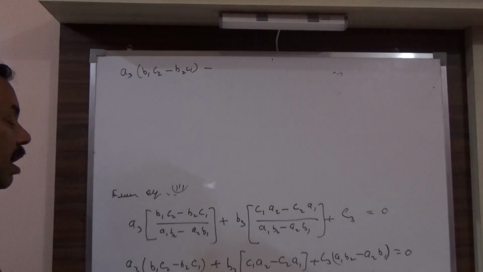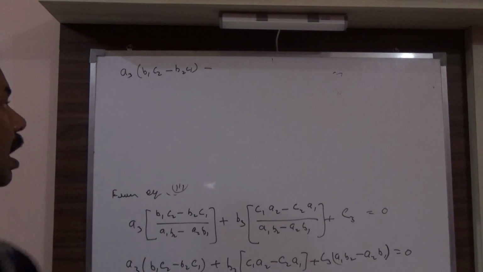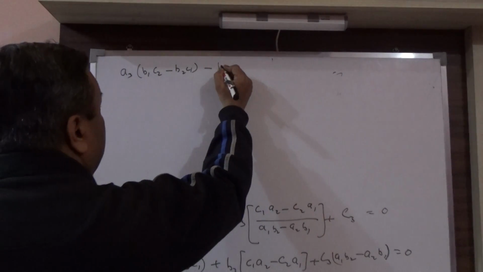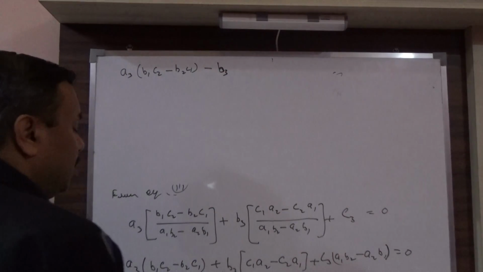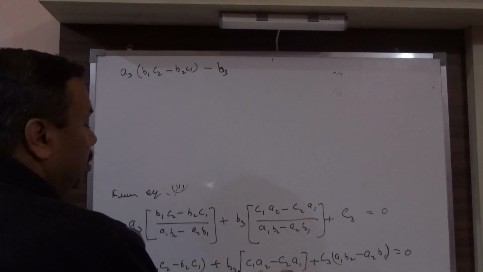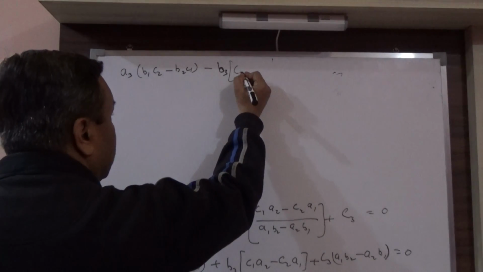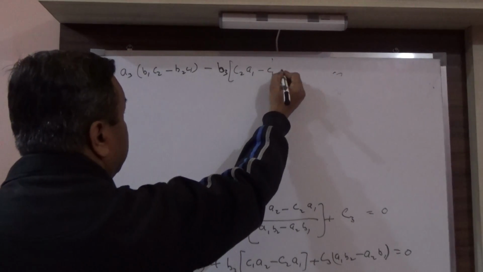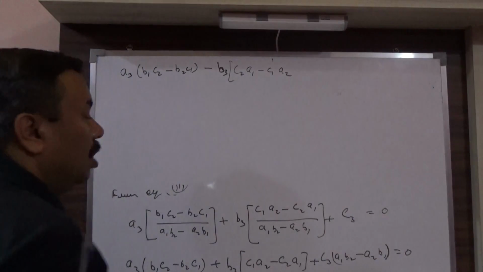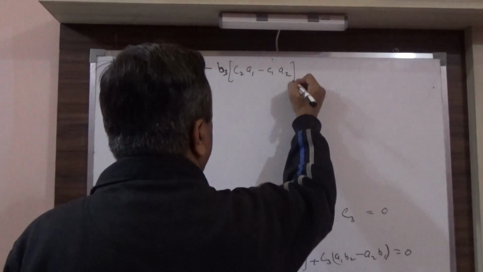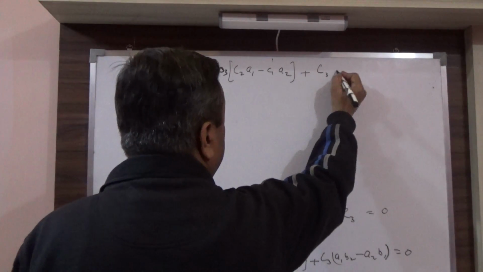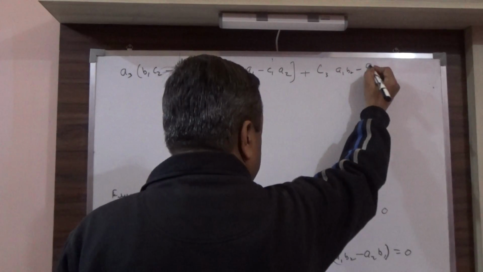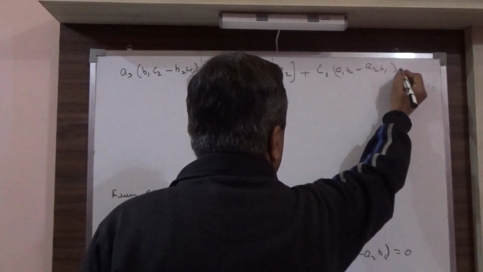I will make a minus sign here, and then B3, obviously when I have taken out the minus sign, these two will be reversed, so now it becomes (C2A1 minus C1A2), and plus C3 (A1B2 minus A2B1) is equal to 0.